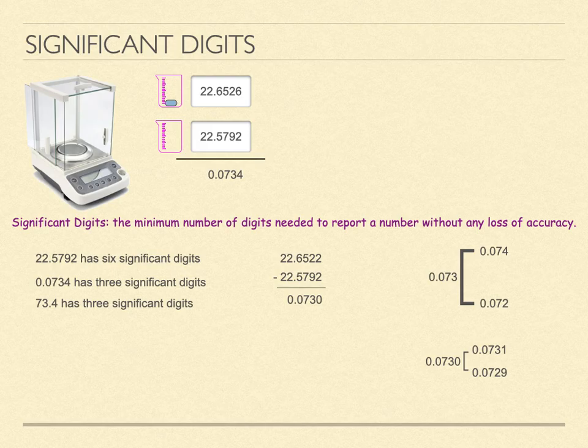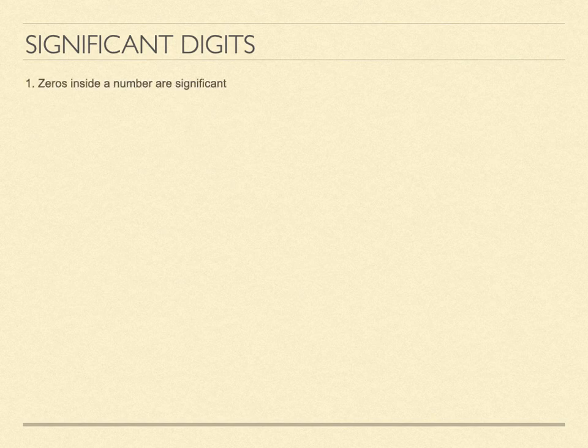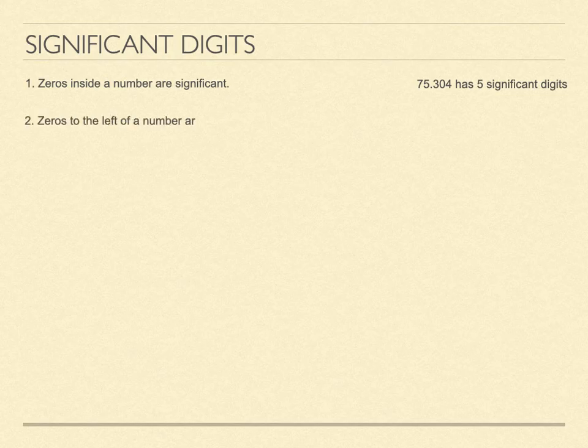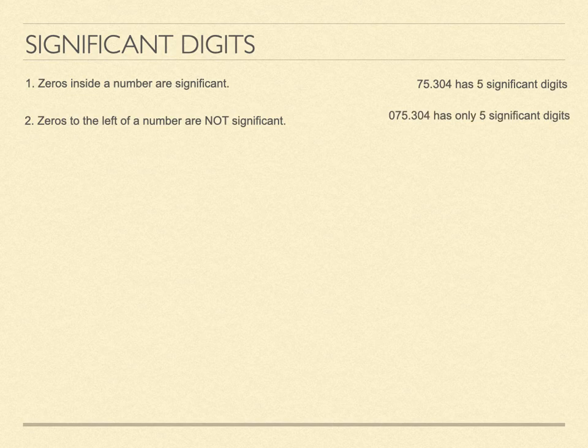So here are the rules for significant figures involving 0. Zeros inside a number are significant. 75.304 has 5 significant digits. Zeros to the left of a number are not significant. 75.304 still has only 5 significant digits. 0.0075304 also only has 5 significant digits.